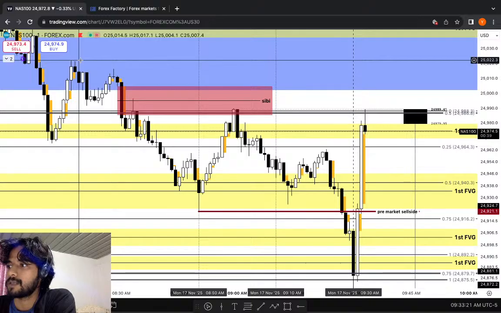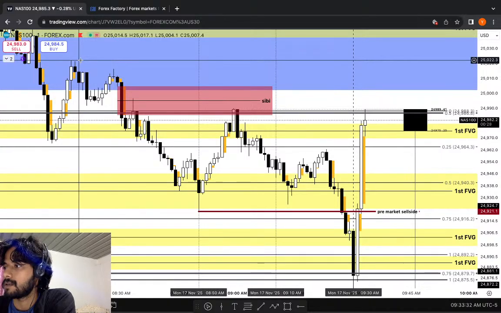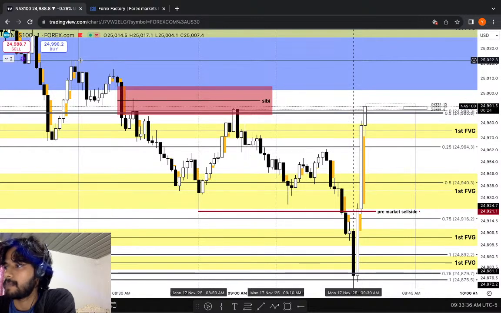I'm getting the trade right there. I exited the trade. Okay, I exited the trade right there, but it is moving higher. Fine.